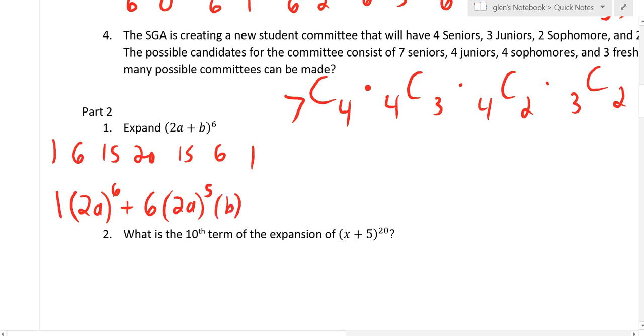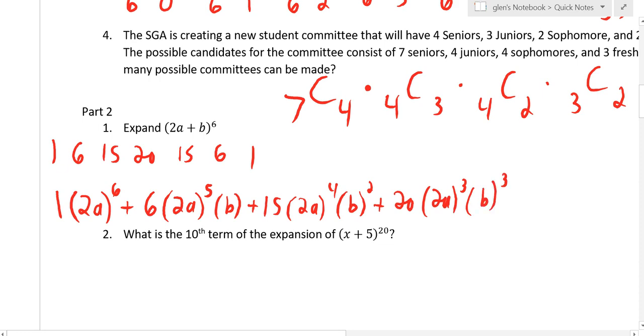And all we do is we use the coefficients, and the first thing goes down by 1 exponent, and the second one goes up by 1 exponent. So the next one's going to be 15 times 2a to the 4th times b squared plus 20 times 2a to the 3rd times b cubed.